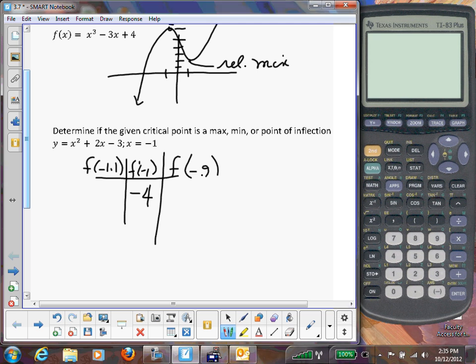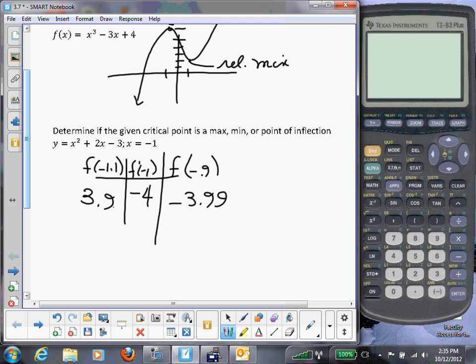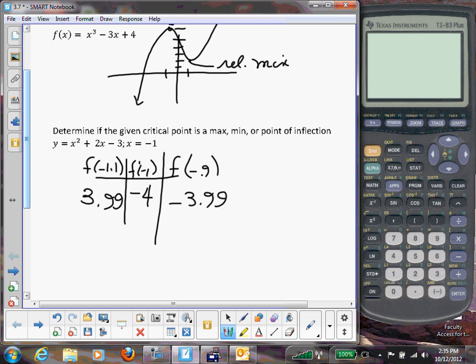No, 0.9. I bet you plugged in 9. -3.99, and you'll get that same value here. All right, Rachel, you have issues with negative numbers. Is -3.99 greater than or less than -4?